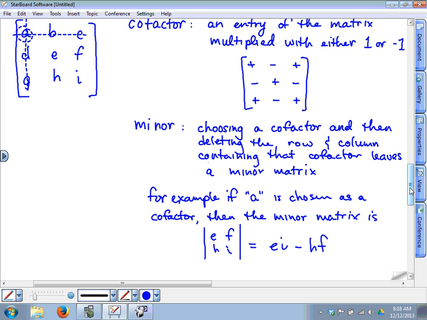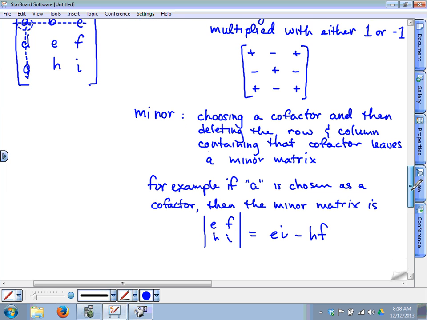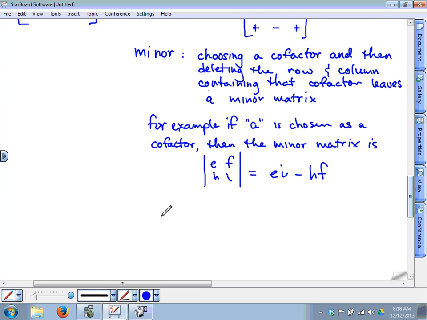Okay. So here's the process. Rather than doing it with a general matrix, let's go to a specific one, and we'll go through the process. So example 2. Here we have a matrix A. First column is 2, 0, -2.